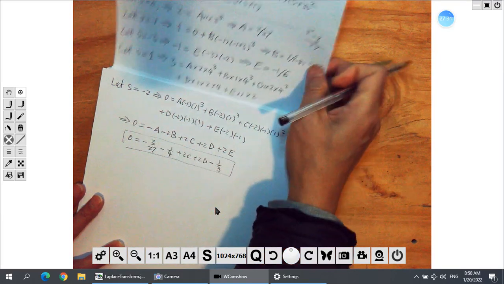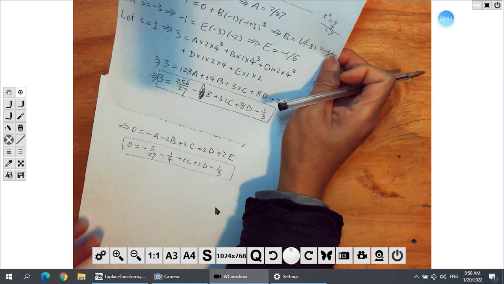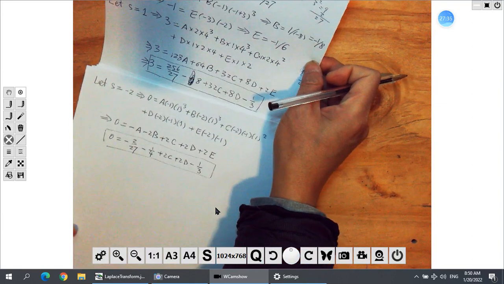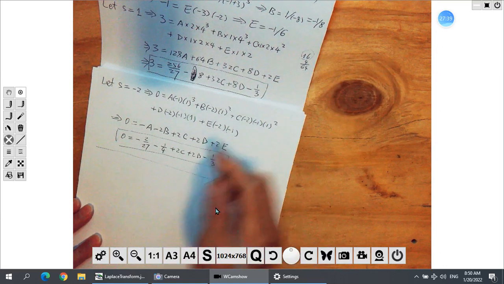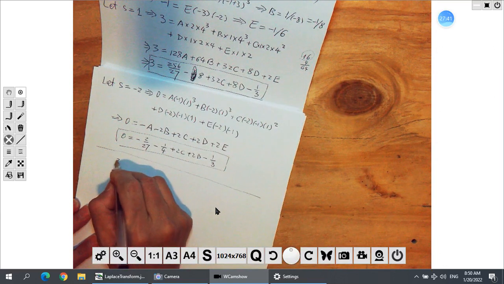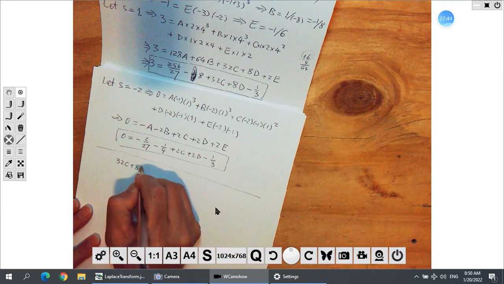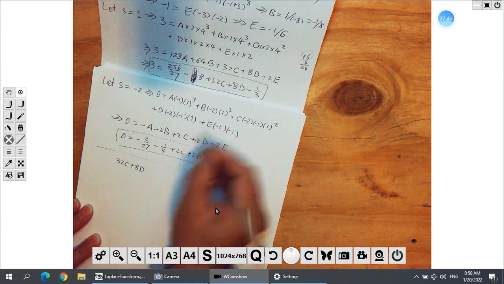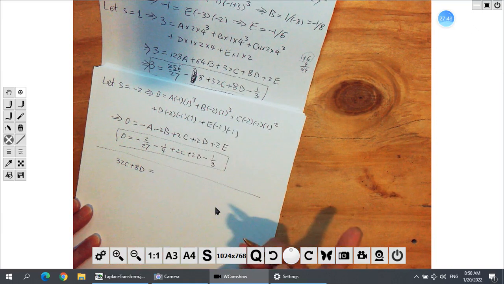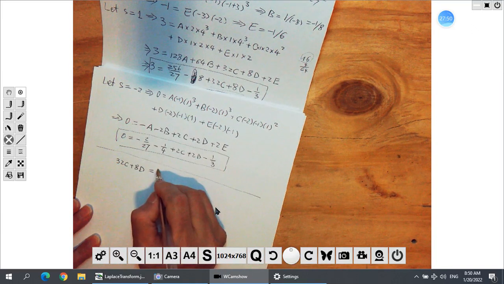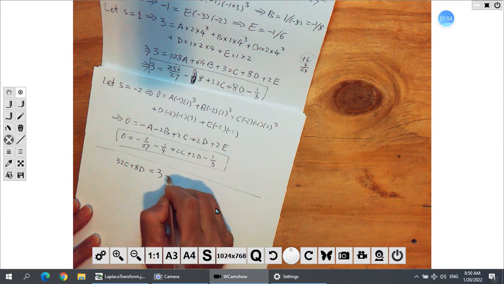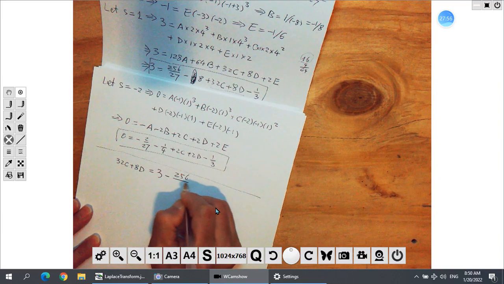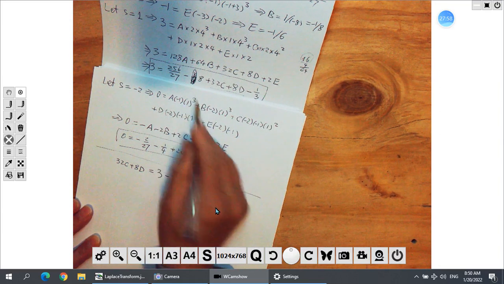Now I have 2 equations. Now the problem is how to solve these 2. Let me put them in a linear equation. Usually we can put it like this. I put 32C plus 8D on one side and all the constants on the other side. The constant I already have is 3, and moving this to the other side will be negative 256 over 27, and this will be plus 8.